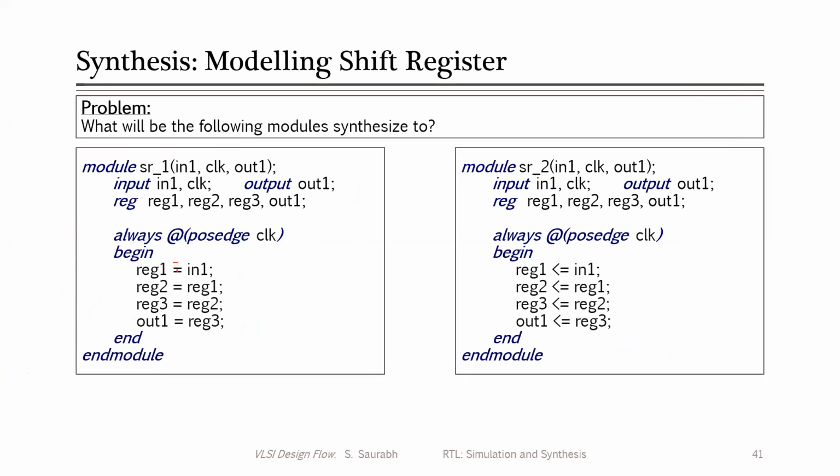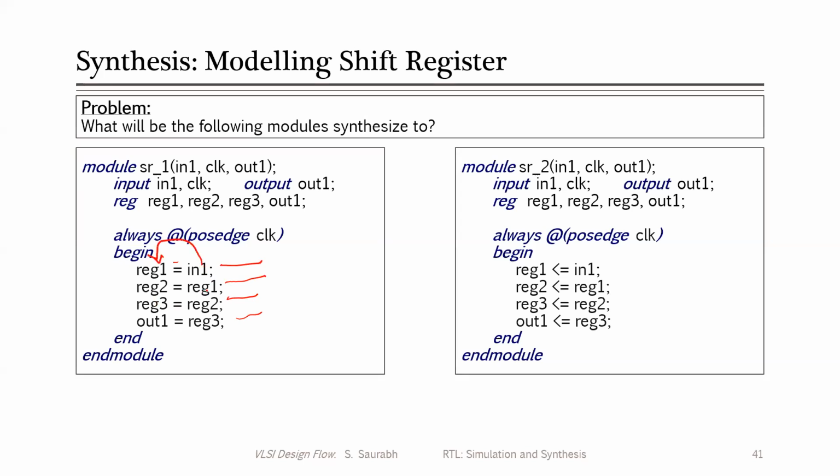In this case, these statements will be executed as your blocking assignment, which is nothing but what you do in your normal programming language. The first statement will go, then the next statement, third, and so on, right? So whatever is in in1 will go to res1.